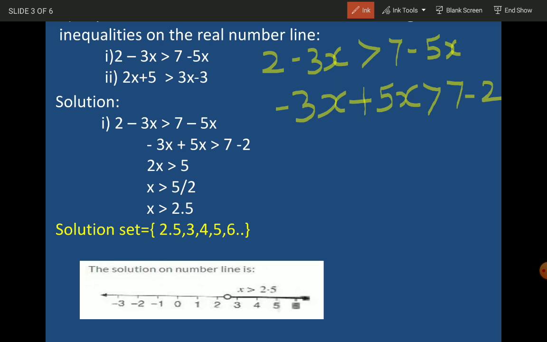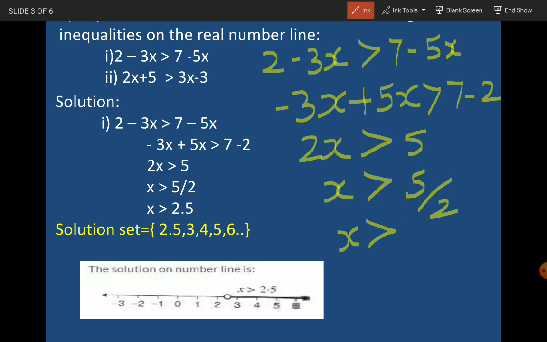Here minus 3 and plus 5 have different signs, so we subtract. So we get 2x greater than 7 minus 2, 5. So x greater than 5 by 2. After dividing 5 by 2, we get x greater than 2.5.